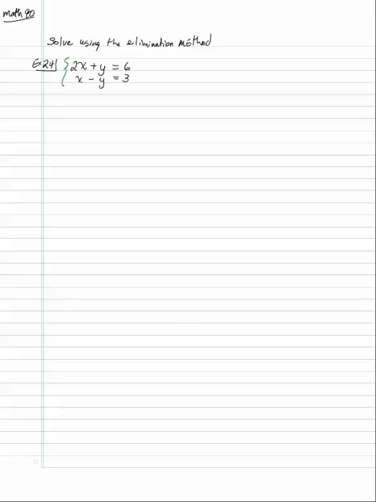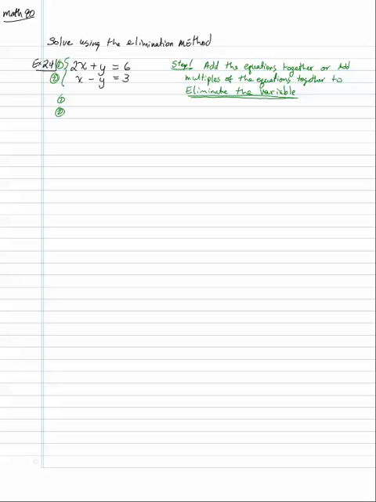Exercise 24. It says solve using the elimination method. So step 1, add the equations together, or add the multiples of the equations together to eliminate a variable. That's the goal, eliminate a variable. So if we look here, we'll call this equation 1, equation 2.